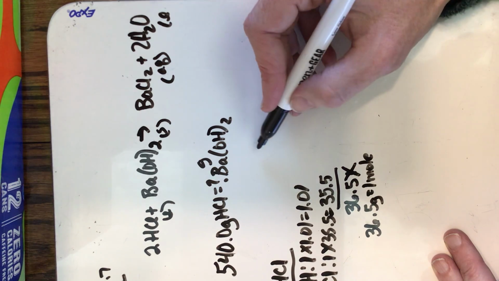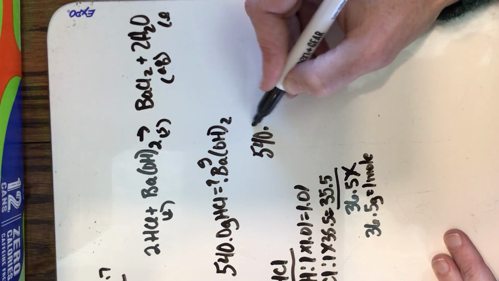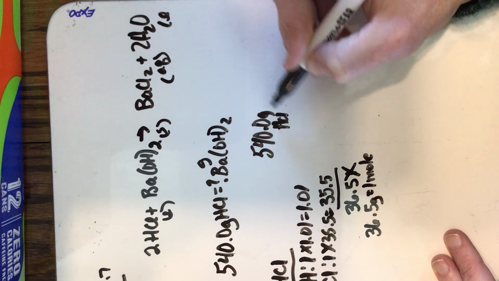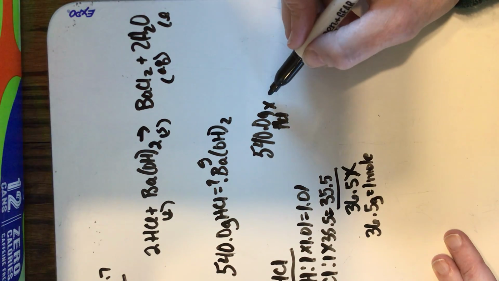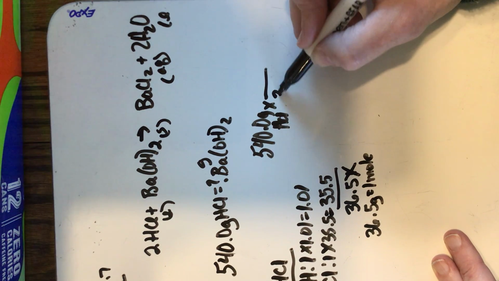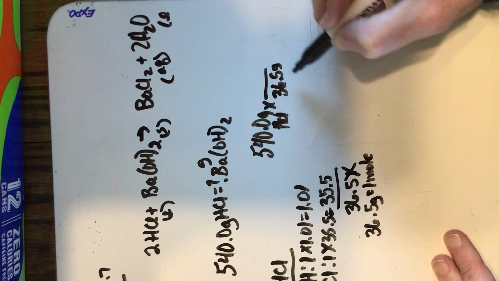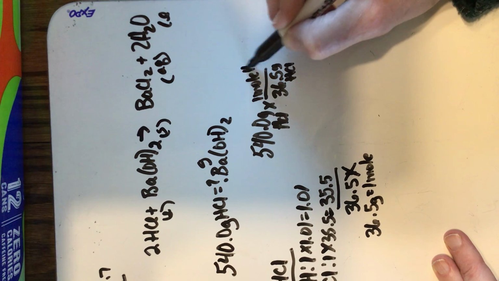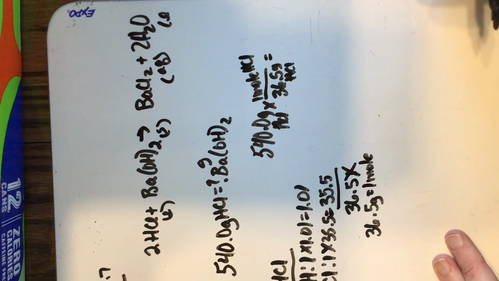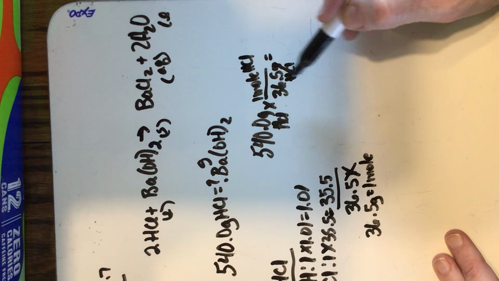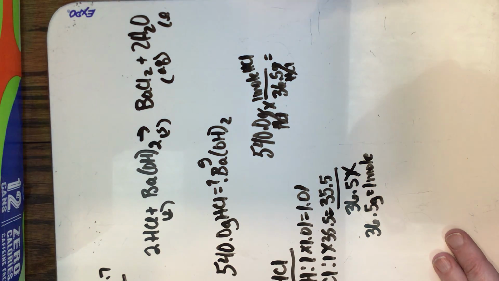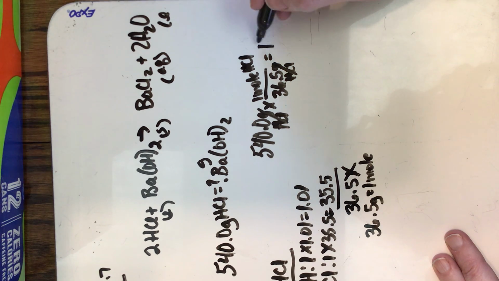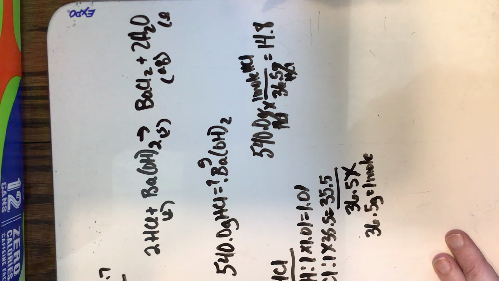So we're going to change this grams into moles. The grams need to go on bottom to cancel. So 540 divided by 36.5, you're going to get 14.8 moles of HCl.